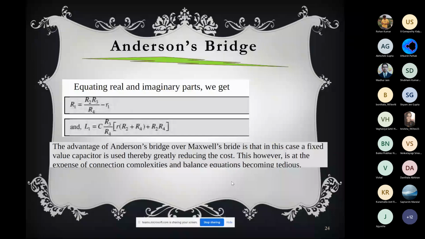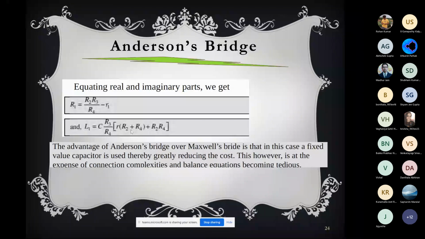So that resistance measurement is also important, along with the measurement of inductance. When you give an inductance to anybody, you have to mention the value of the inductance as well as its resistance. So R1 is the resistance of the inductance which is to be measured, and you see the expression of L1, which is C R3 R4 times (small r (R2 plus R4) plus R2 R4) over... everything here is known: R2, R3, R4, C. So L1 can be calculated.